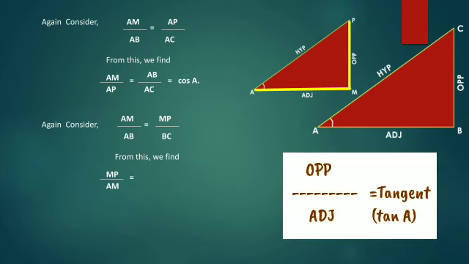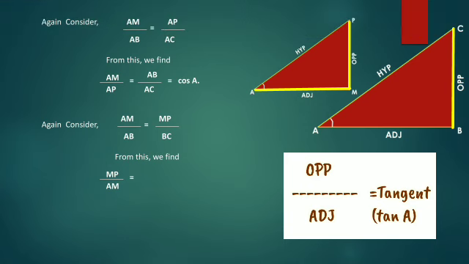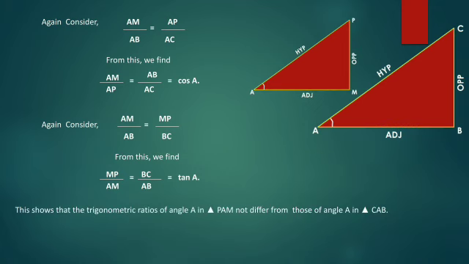Now we get BC divided by AB, which is opposite side divided by adjacent side. What is opposite side by adjacent side? That is tangent of angle A. So MP divided by AM is equal to BC divided by AB, which gives tangent of angle A.